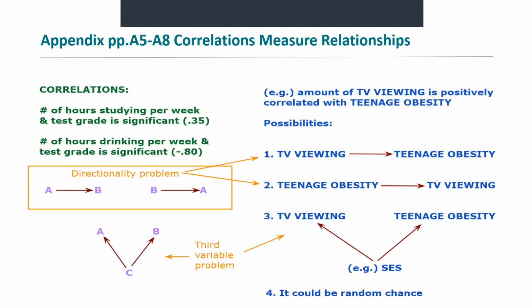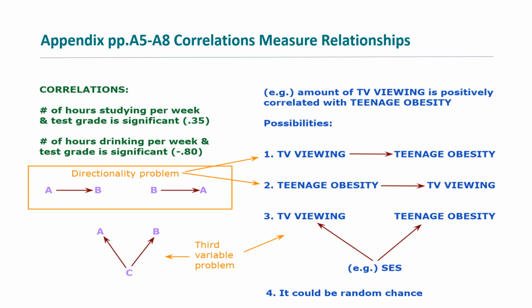Okay, this is returning to something I introduced earlier. We've already talked about the TV viewing and teenage obesity. I just wanted to present these examples. I don't exactly remember, I've had them for years, but I got them from one study or another.